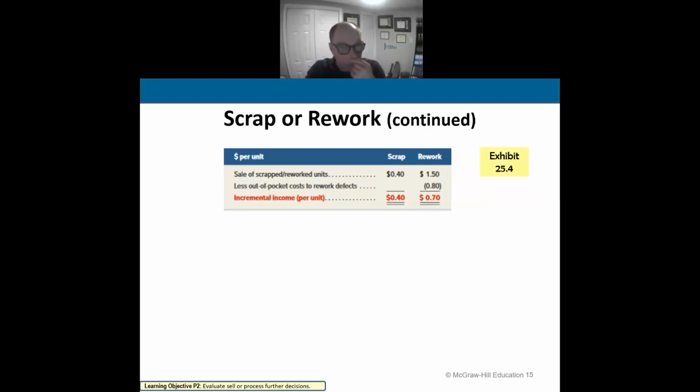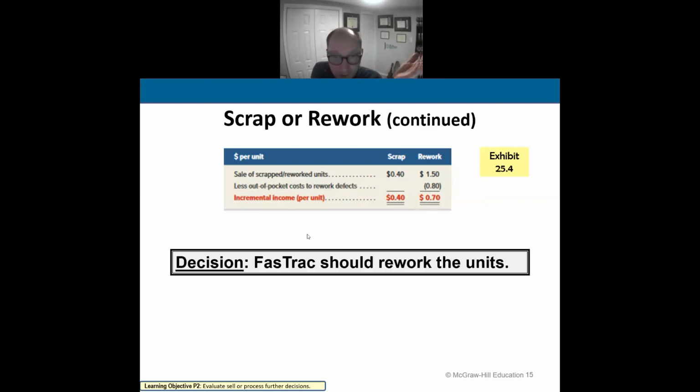So in this decision, alternative 1, scrap it. Alternative 2, rework it. The incremental income, if I scrap it, it's just 40 cents. If I rework it, I could get 70 cents per unit. So the company probably would rework it here because they're still getting more in terms of incremental income per unit.